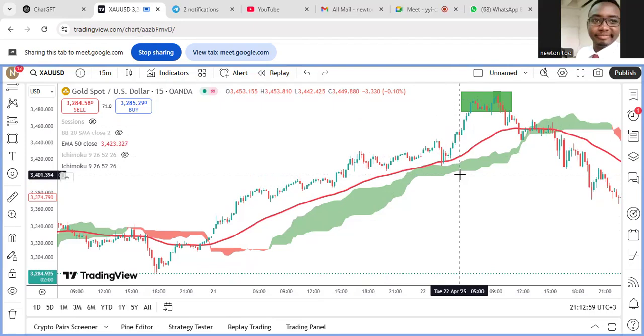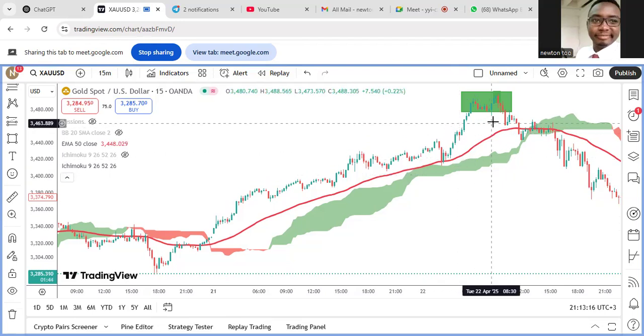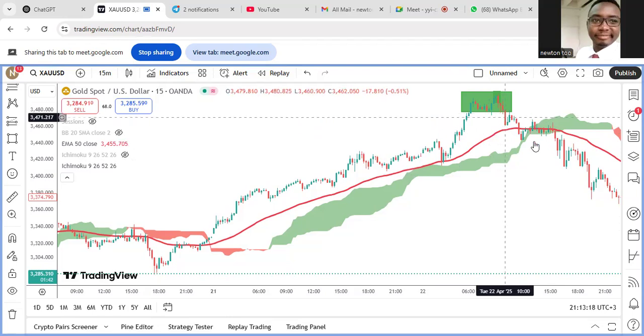Then you feel discouraged, you move to another strategy. Maybe say for me this one I'm not trading this Ichimoku. Let me go to Bollinger Band. Ukienda Bollinger Band, the next week I'm gonna be trading another strategy.